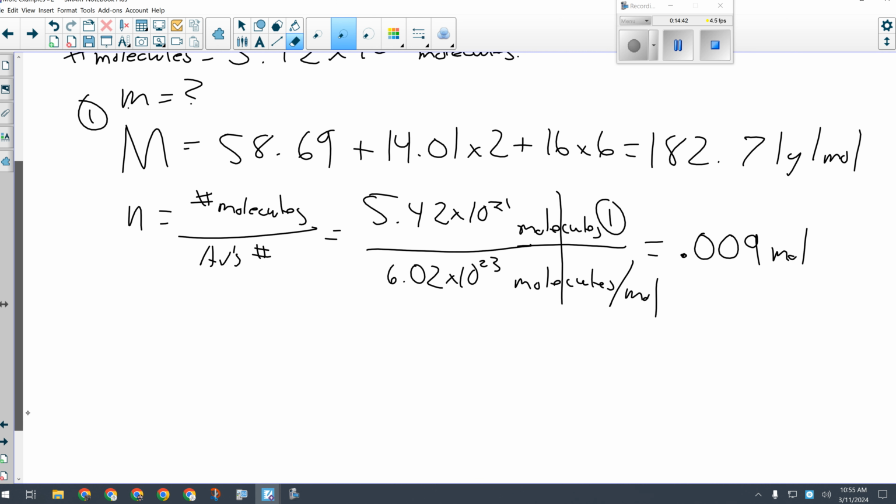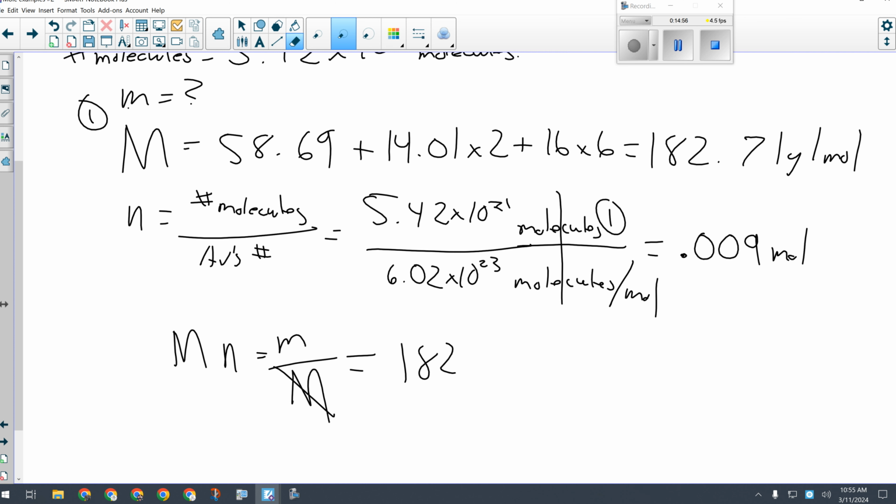Then you would have N equals little m over big M. What do I have to do to get little m by itself? Multiply by big M. So that's going to mean 182.71 grams per mole multiplied by 0.009 moles. When I do that, the moles cancel, and I'll be left with grams. It's going to be a pretty small number.